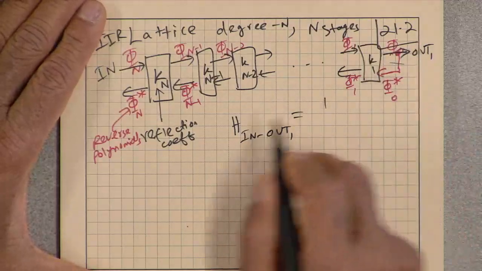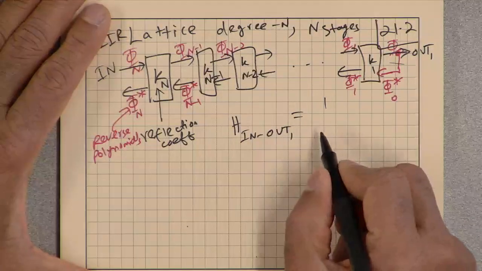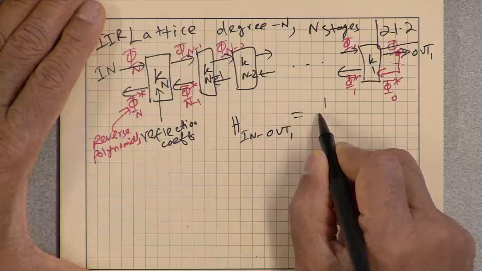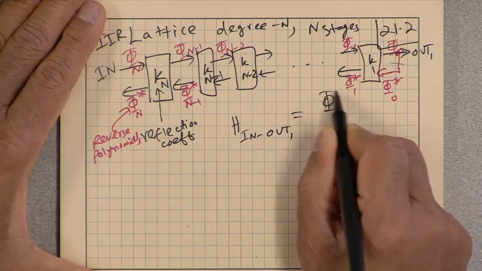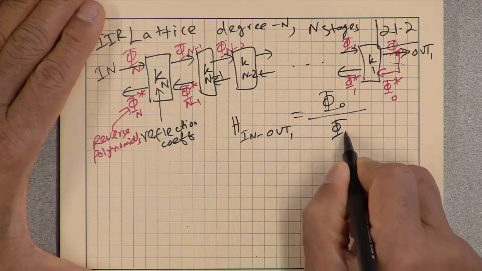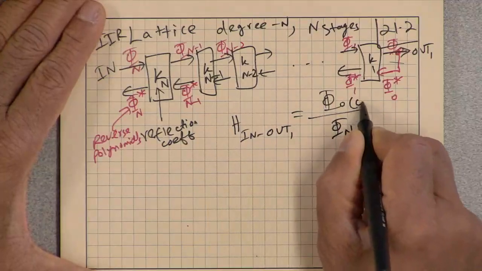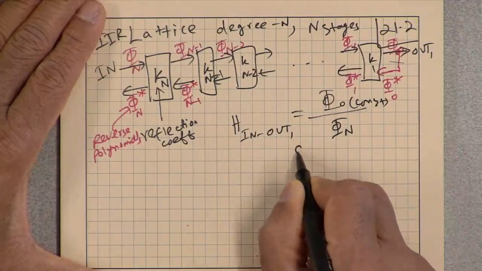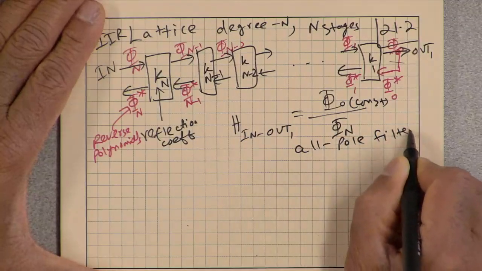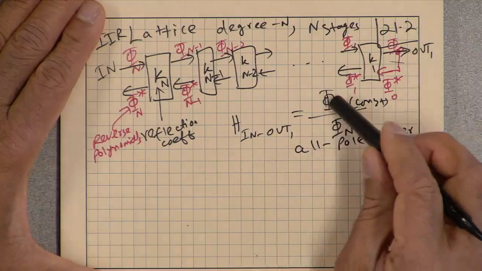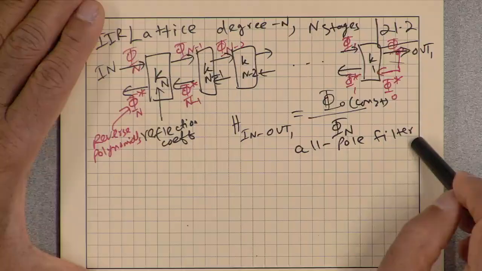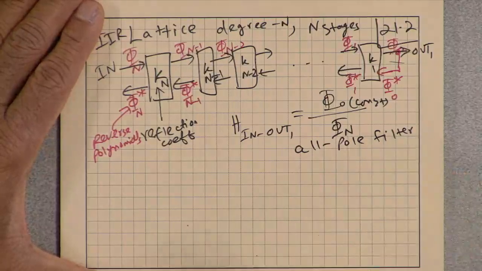In case of phi, I believe that will be 1, but let's call it phi 0 for now. So phi 0 by phi n, and this is a constant, and that's called an all-pole filter. All-pole filter means the filter has no zeros, so the numerator is simply a constant term.